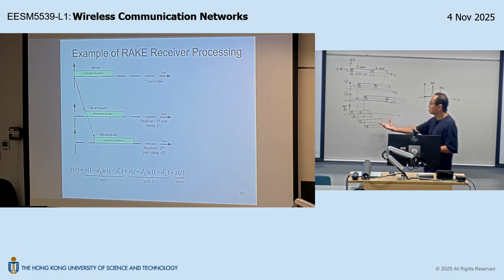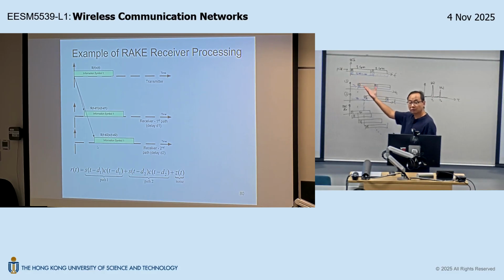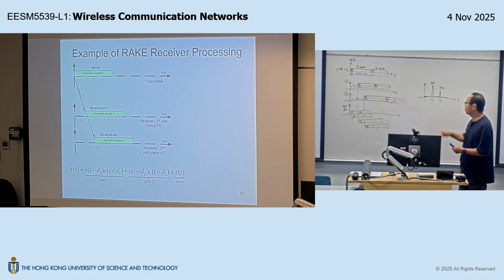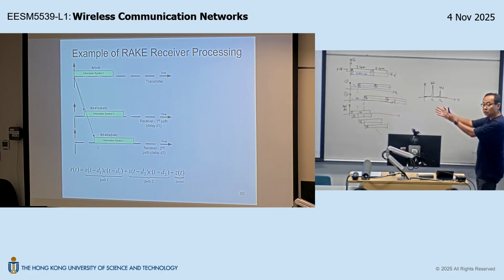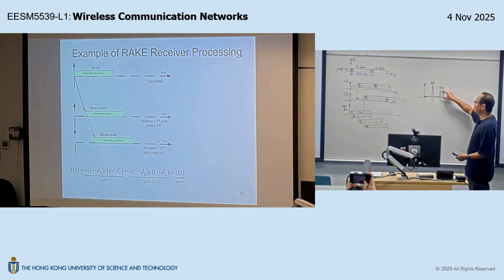When you despread at the first timing, the first path is affected by alpha 1, so the response will be proportional to the gain alpha 1. If you despread with respect to the second path timing, then the second path is affected by alpha 2. So when you match the timing of the second path, the response peak will be proportional to alpha 2. Is that okay? So it gives you several pieces of information.